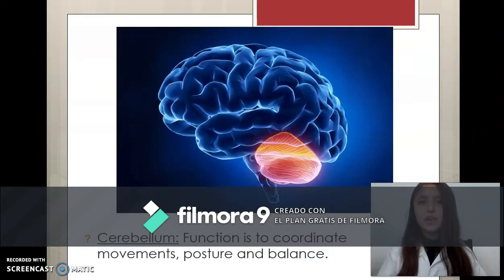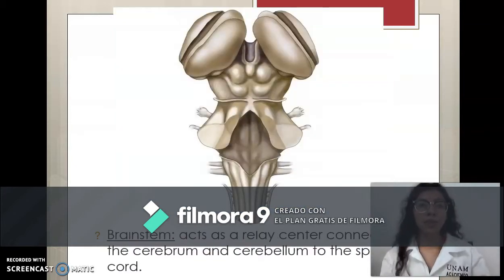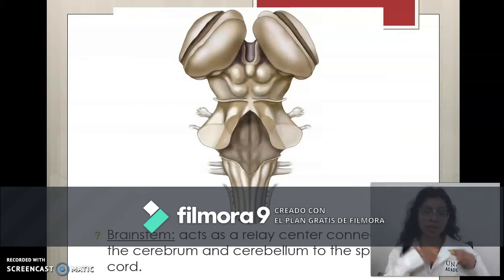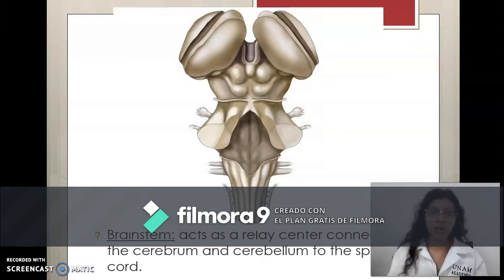Cerebellum is located under cerebrum and its function is to coordinate muscle movement and maintain posture and balance. Now, the other part is the brainstem. Brainstem acts as a relay center connecting the cerebellum and cerebrum to the spinal cord. It performs many automatic functions such as breathing, heart rate, body temperature, wake and sleep cycle, digestion, sneezing, coughing, vomiting, and swallowing.